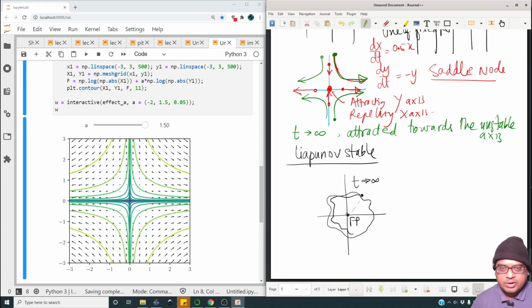If the point is attracted towards the fixed point, so it goes to the fixed point, then the point is said to be attracting. So Lyapunov stable is not the same as an attracting point.